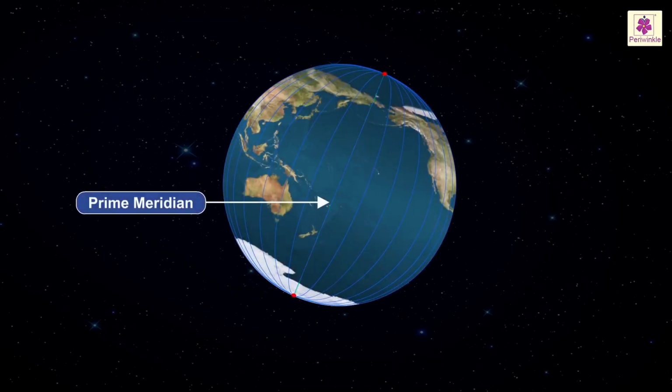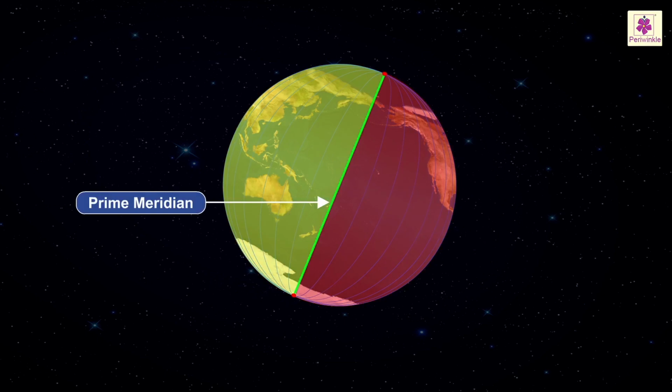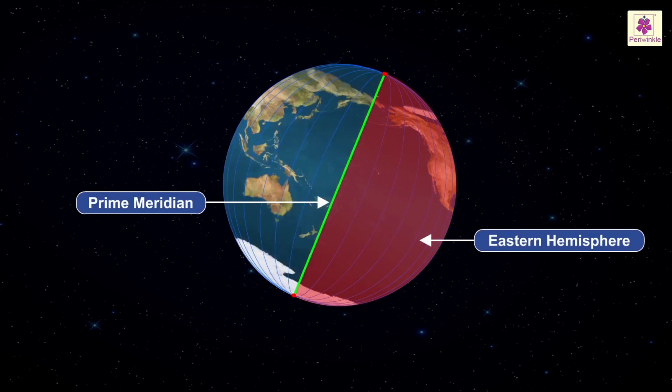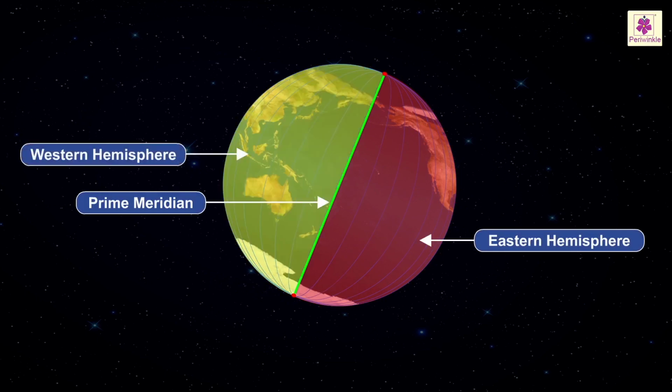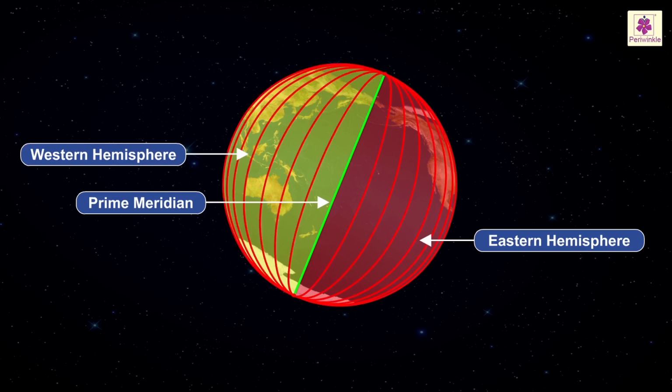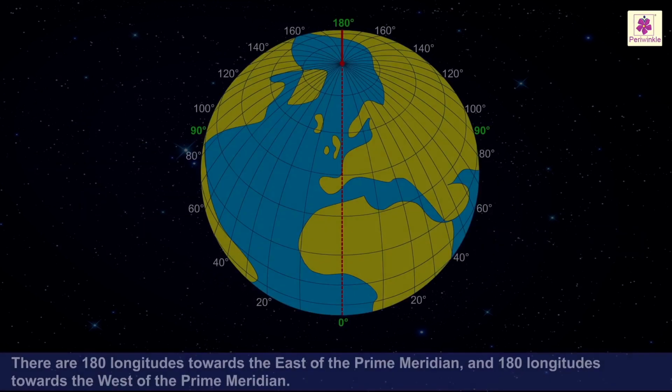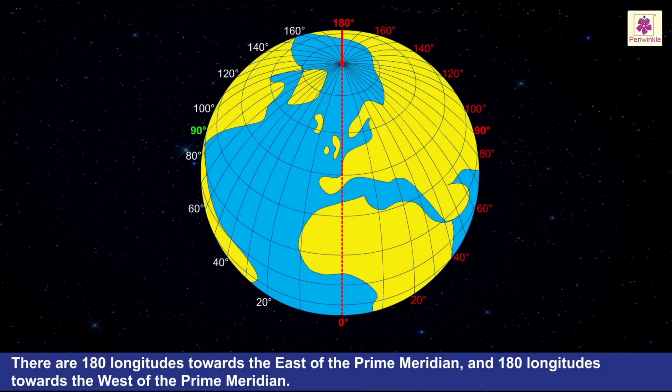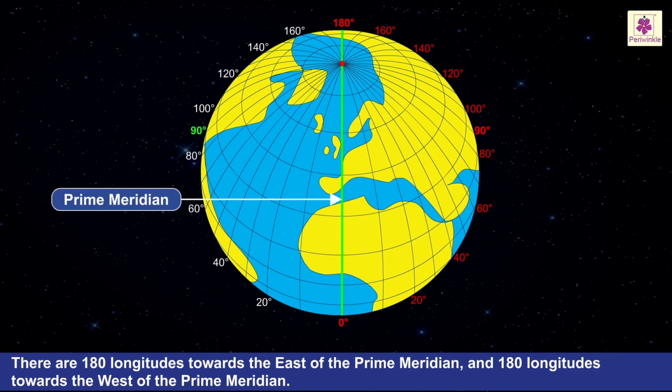The prime meridian divides the Earth into two equal hemispheres, the Eastern Hemisphere and the Western Hemisphere. All other longitudes are measured east and west of the prime meridian. There are 180 longitudes towards the east of the prime meridian and 180 longitudes towards the west of the prime meridian.